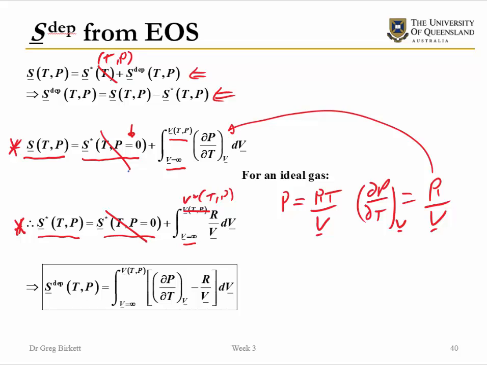What I end up with is a final equation for calculating the departure entropy, where we've got the contribution from the equation of state minus the change in entropy due to the ideal gas. Now we can use this equation in exactly the same way as we used for internal energy, where we have an ideal gas contribution and then a departure contribution if I'm wanting to calculate changes in S.